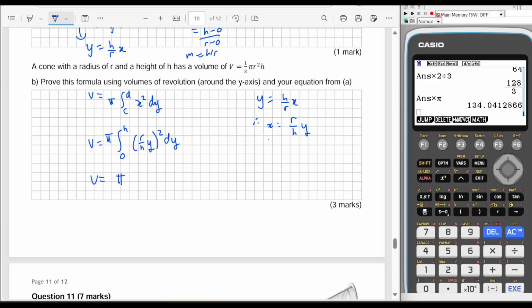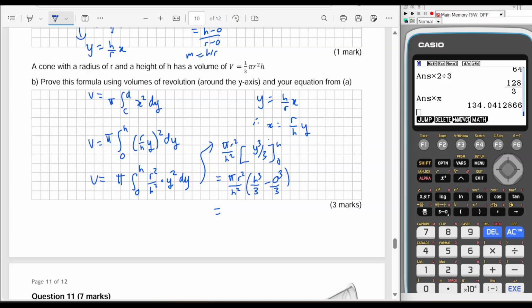So this is 0 to h, r squared over h squared times y squared dy, which would be, I'm just going to pull the pi r squared over h squared out the front, but you get y cubed over 3 from 0 to h. And so you get pi r squared over h squared, and you're going to get h cubed over 3, take 0 cubed over 3.